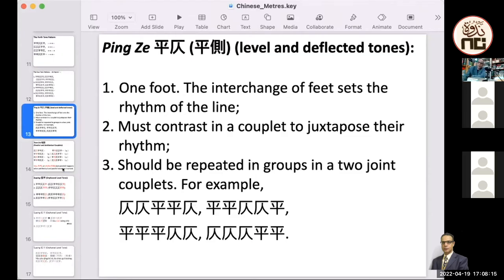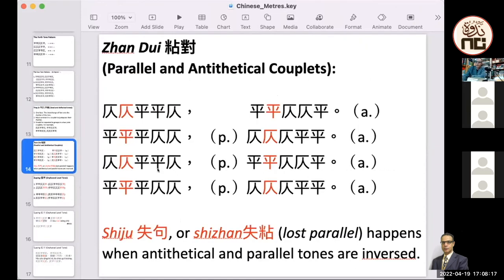Let's have an example. Like here, for example, this is the first line. Look, so the second syllable is so important. Why is the second syllable so important? Usually the second syllable and the fourth syllable, if it's wu shi, meaning pentasyllabic, five syllables per line, 5 characters per line, then the second and the fourth are the tones that determine the rhythm of the poem.